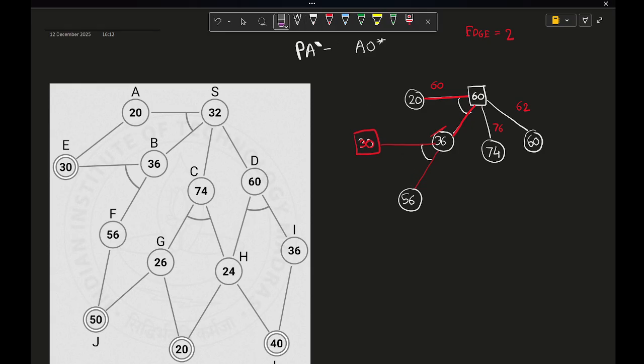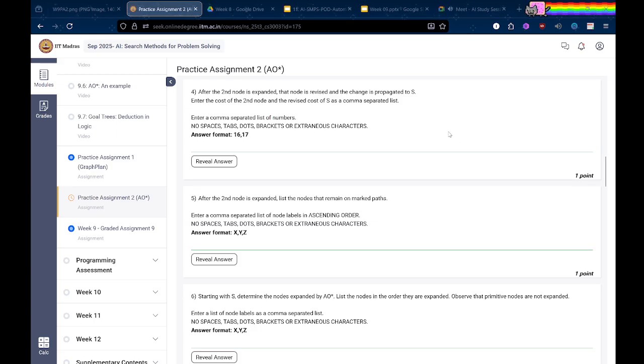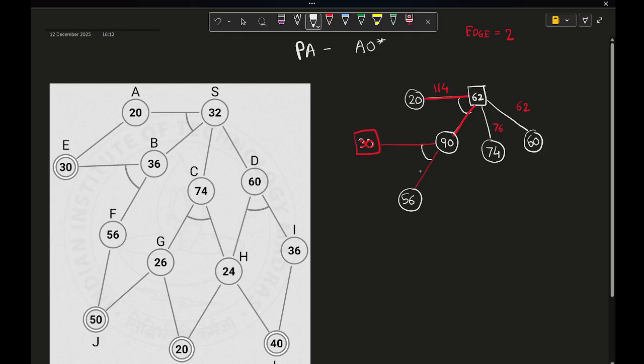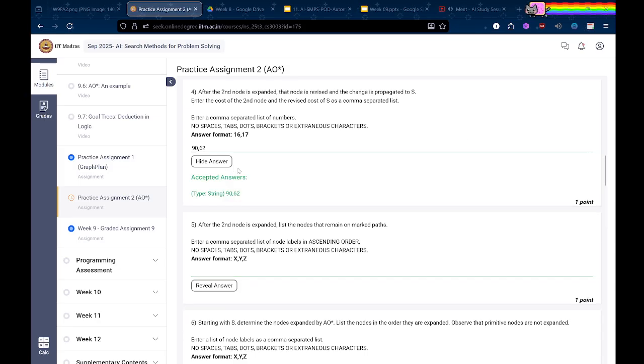So this is 90 now. And this new cost becomes 114. So now this new cost becomes 62. So enter the cost of the second node, 90, comma 62. Yeah? 90, comma 62.